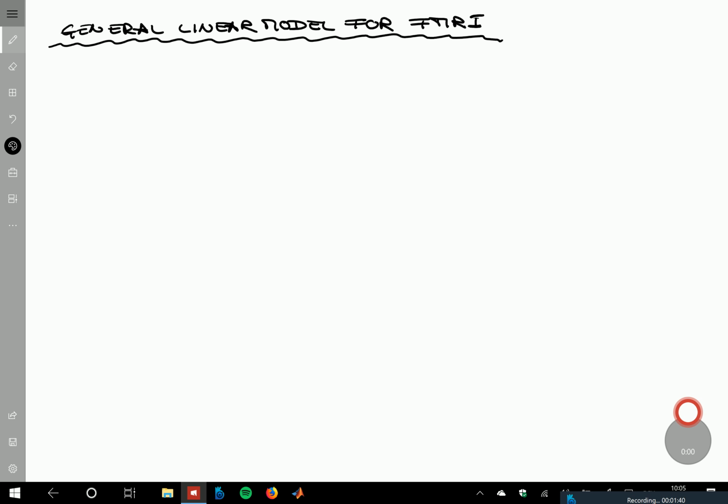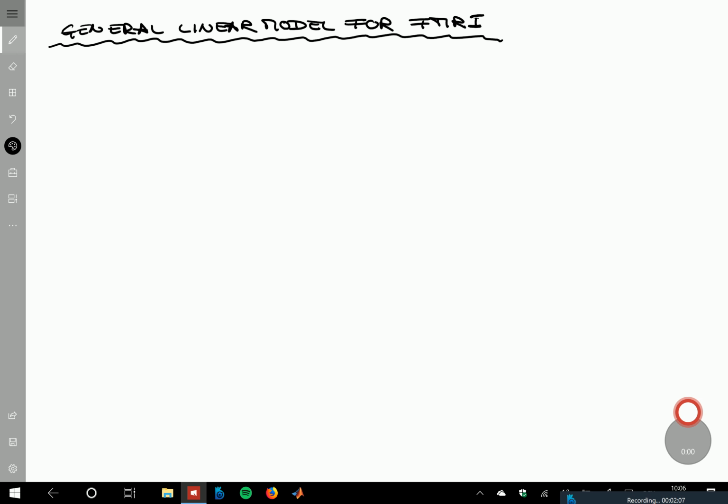Okay, so a general linear model, if you look at the undergraduate statistics syllabus and also the books, you usually find this in the last chapters, although it would make more sense to actually put that into the first chapter. That's one aspect of the second part of the course.